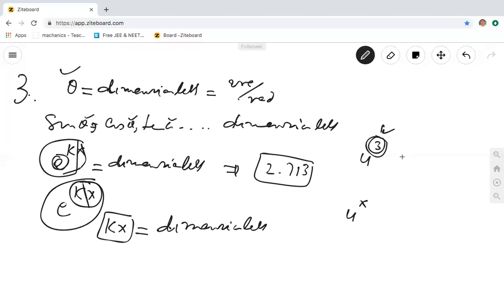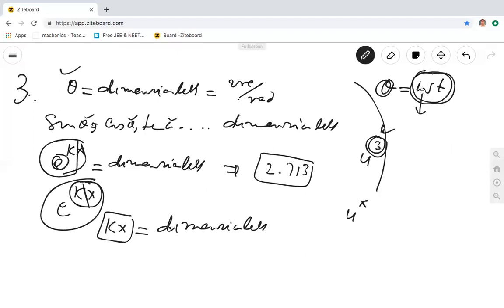Just see, sometimes you write theta is equal to omega t. Theta is dimensionless. What about omega t? Also dimensionless. But what about omega? No, it is the product which is dimensionless.